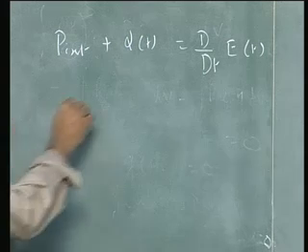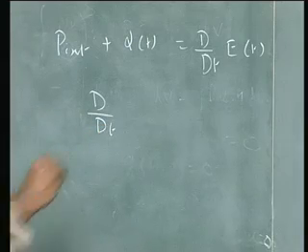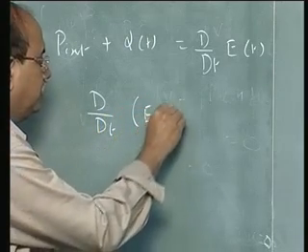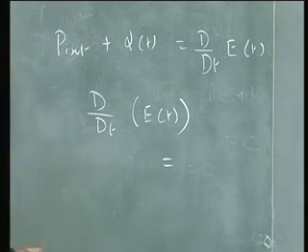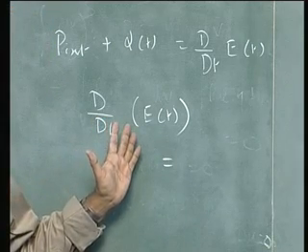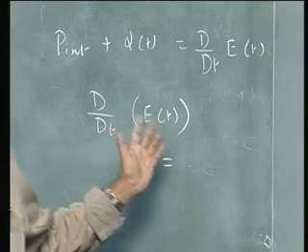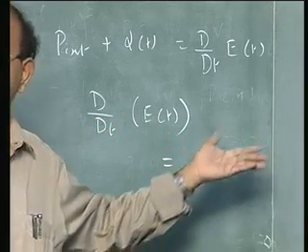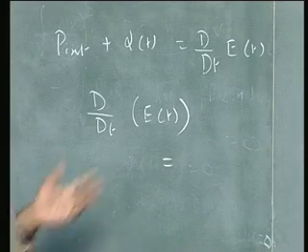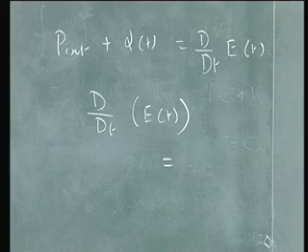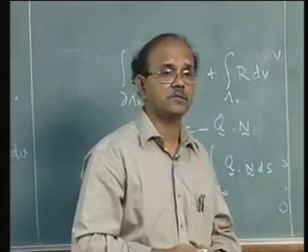If you do not want, say, kinetic energy, you can say that d by dt of E is equal to, I don't know what symbol you used, delta E equal to delta P plus Q. This is what you would probably have written in your first or second year classes, or even in high school.